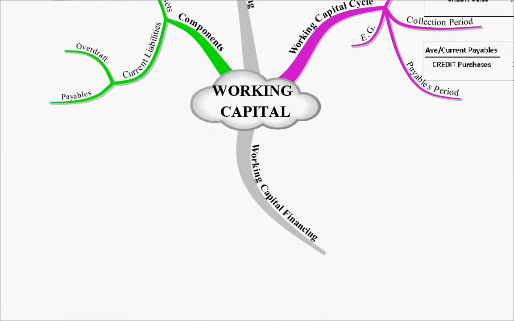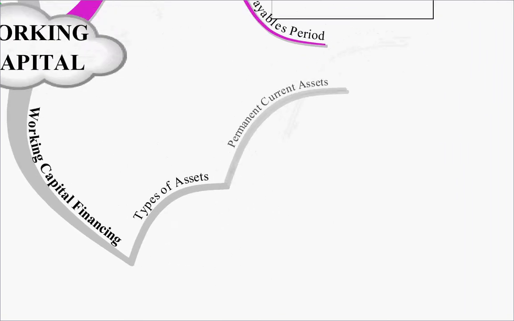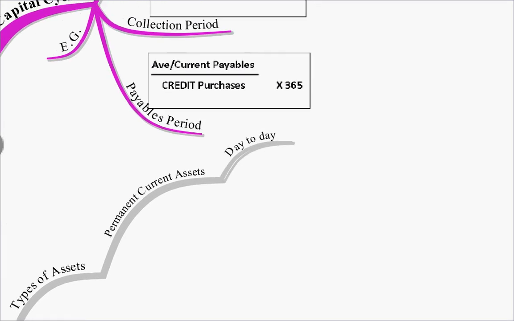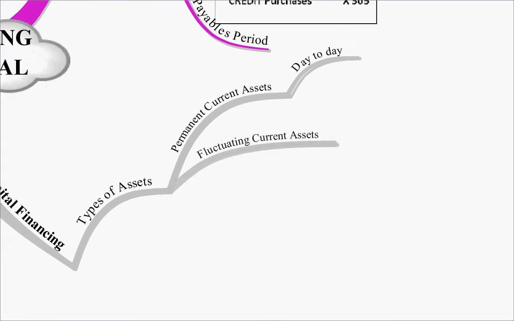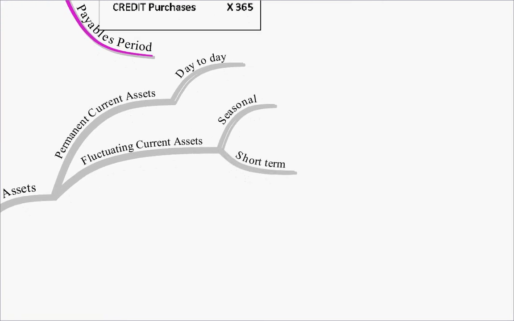That brought us on then to our working capital financing. So we had to differentiate between our different types of assets. Remember that we have our permanent current assets. These are required day to day to support the day-to-day trading of the company. We have our fluctuating current assets depending on short-term or seasonal effects. You may need more current assets or less current assets in the short term, so they'll fluctuate.